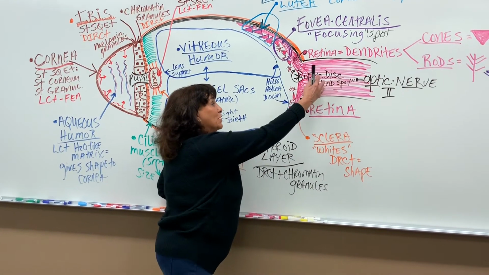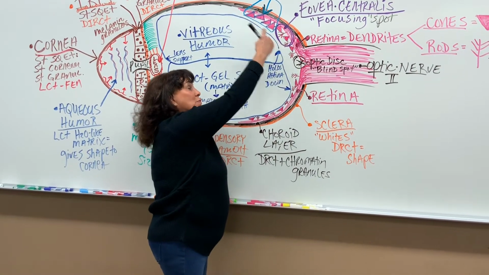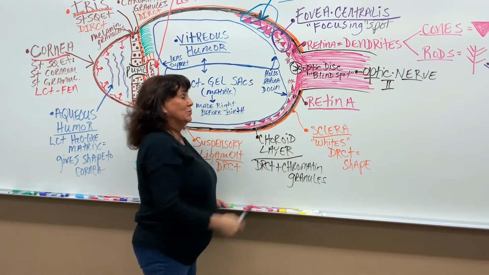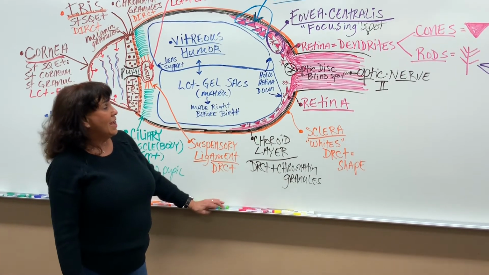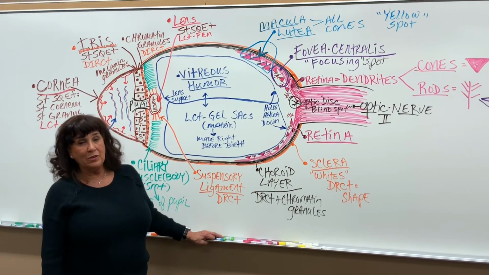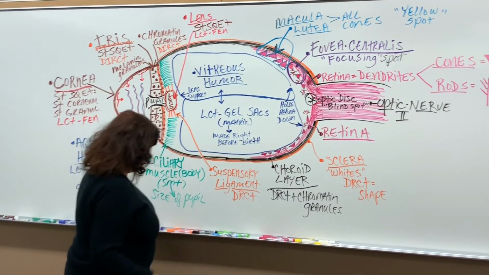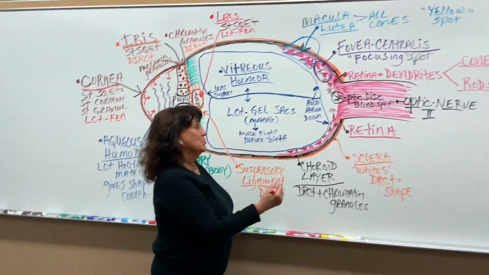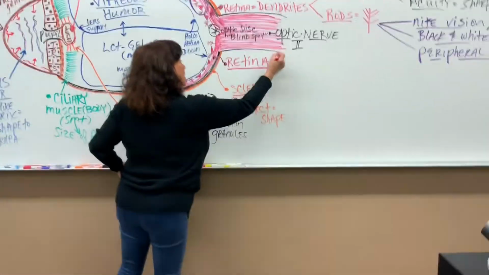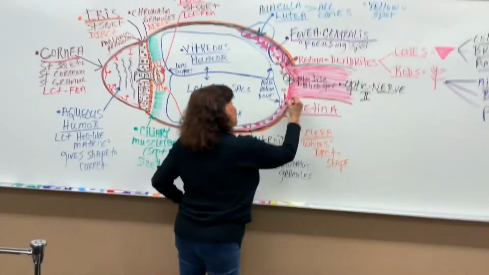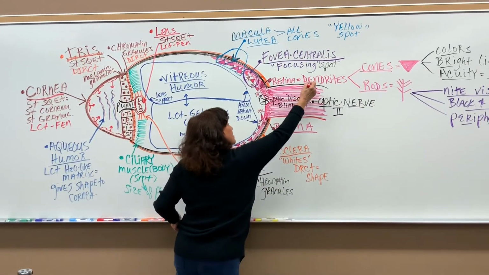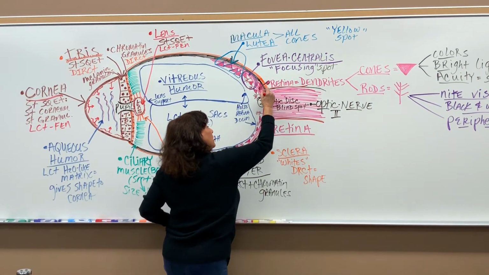So the optic nerve comes in and then it's going to split and make the retina with the cones and the rods. And also, if you've ever heard of a detached retina, this is sort of interesting because there's blood vessels. The blood vessels are going to sit in here underneath the retina.